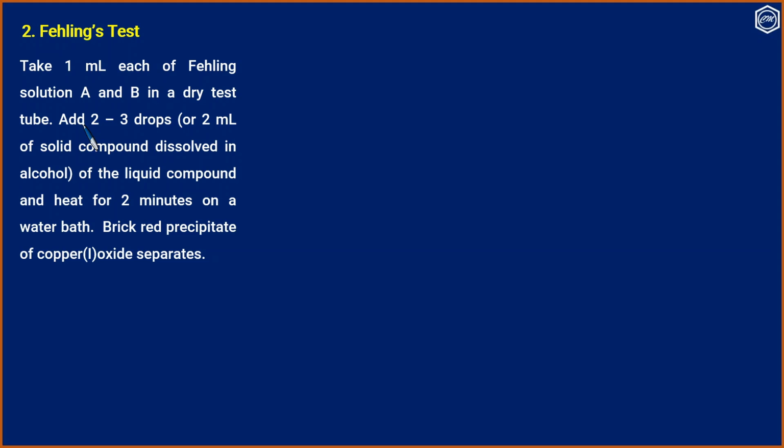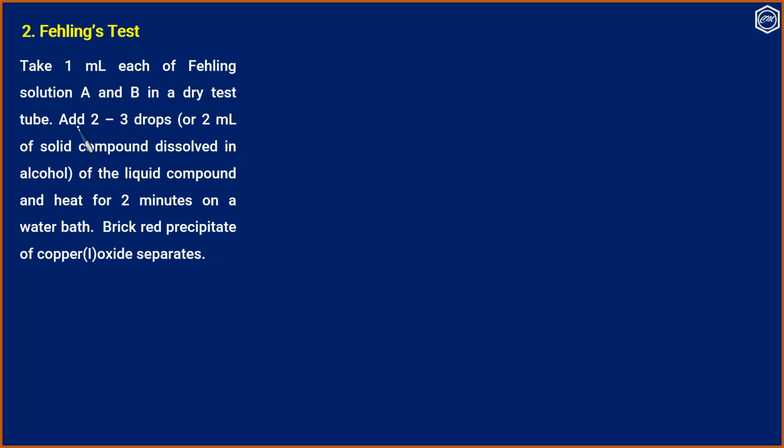Cupric ions form a complex with the tartrate ions. Due to complex formation, Cu2+ ions are not precipitated as cupric hydroxide. The reagent oxidizes aldehydes while ketones remain unaffected. The copper ions are reduced to Cu+ ions.